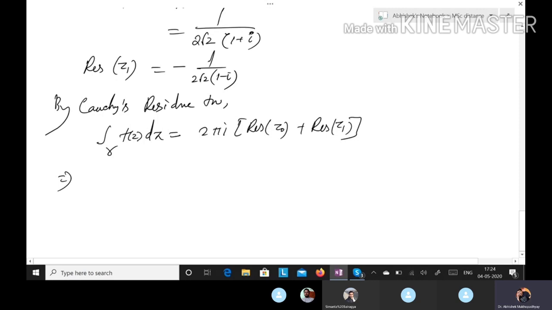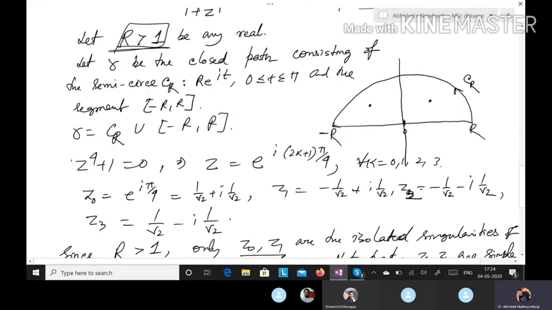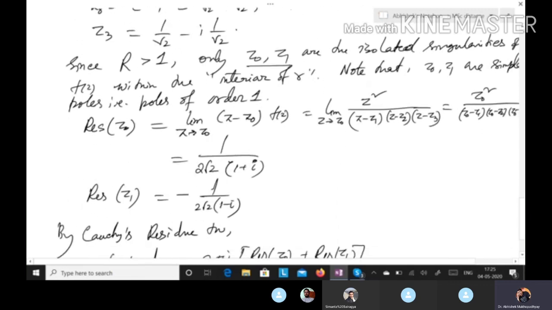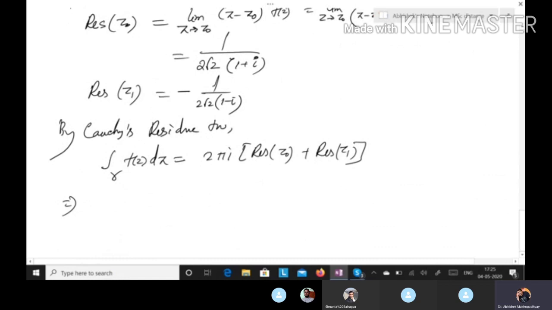Gamma is the union of two paths, one is the semicircle and another one is the line segment from minus R to R. So the integral will be divided into two integrals, one for the line segment and another one for the semicircle.